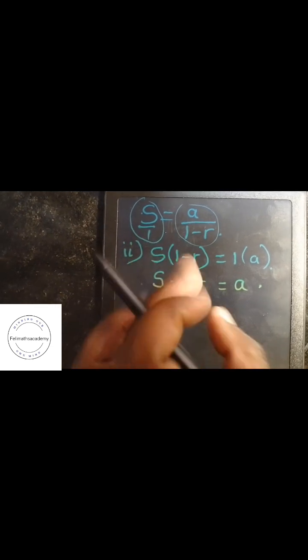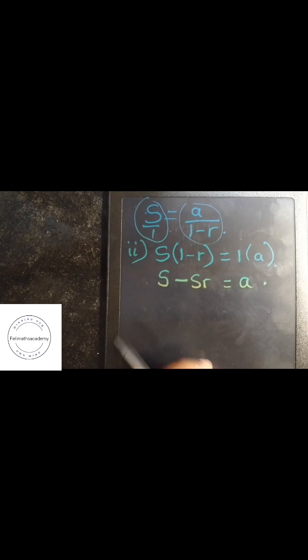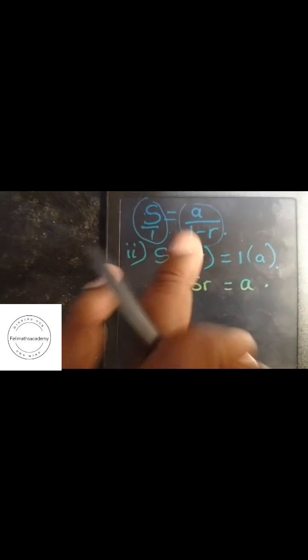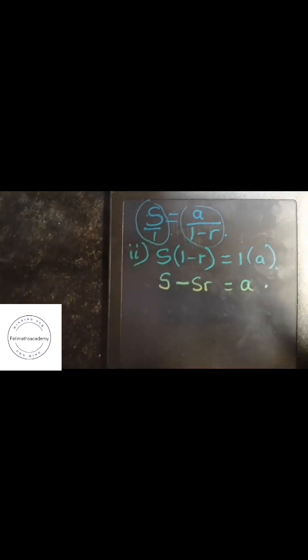So we want to leave this R in isolation. Any term in R should be on one side and all other terms on the other side.